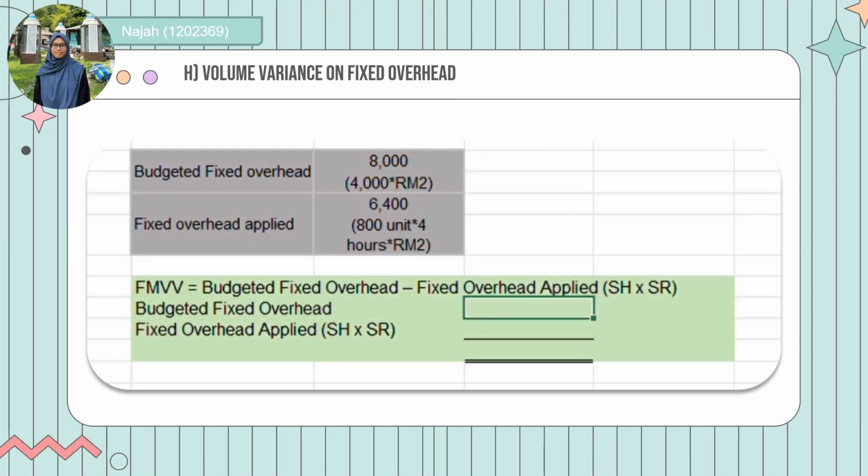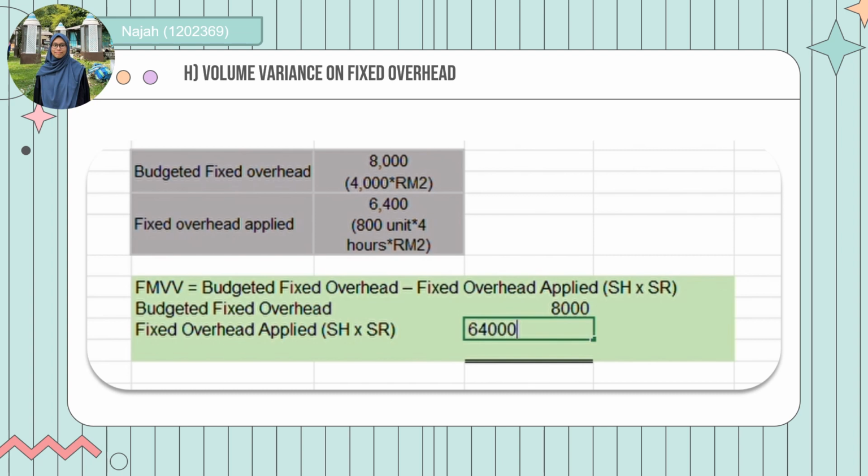Okay, lastly, for volume variance on fixed overhead. The formula we use is budgeted fixed overhead minus fixed overhead applied, which is standard hours multiplied by standard rate. For the budgeted fixed overhead, we get the amount by multiplying 4,000 with 2 ringgit, so the amount is 8,000.